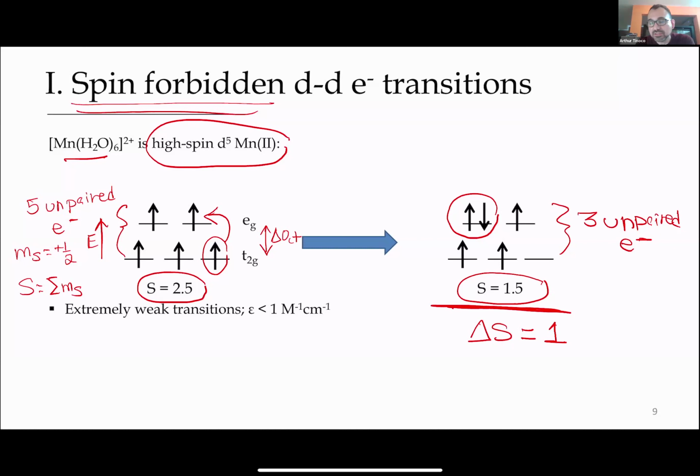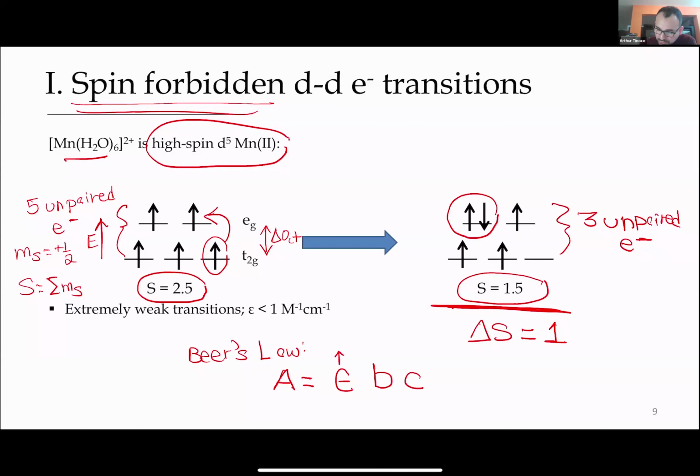But we can actually see this transition, but we see it with very low intensity. So what I want us to think about is what parameter, when you were first introduced to electronic spectroscopy, gives us an indicator of intensity. It turns out, when you revisit Beer's law, according to Beer's law, you have absorbance, and that equals the product of the extinction coefficient times the path length times the concentration.